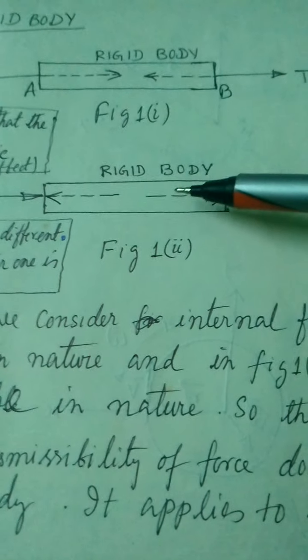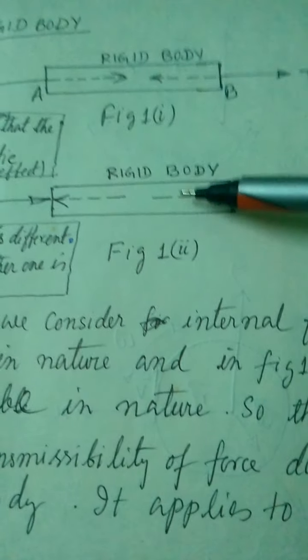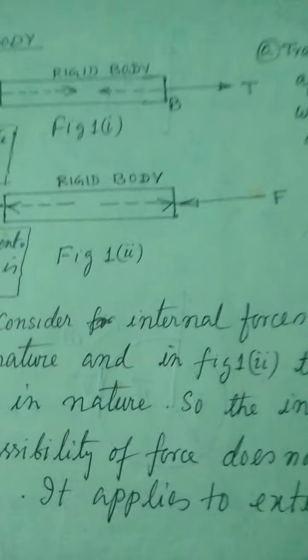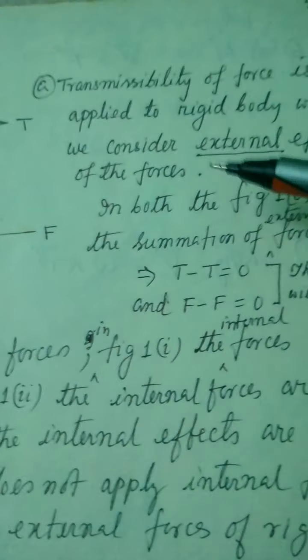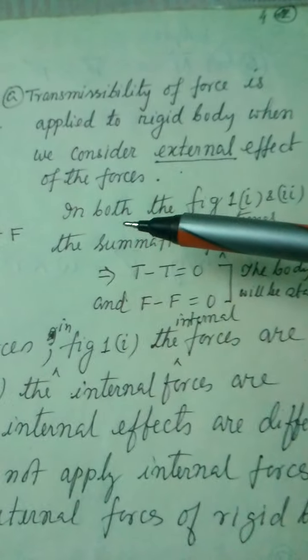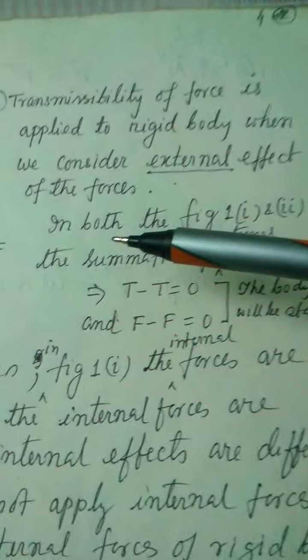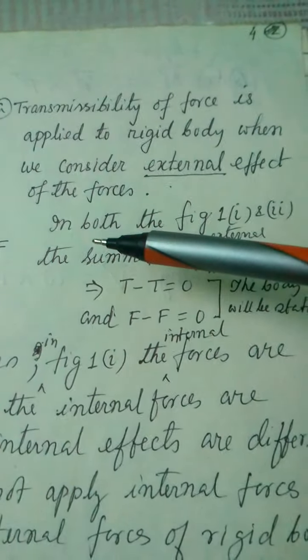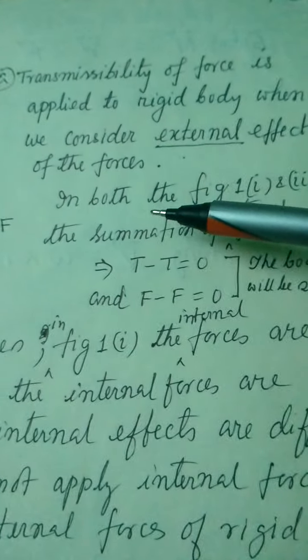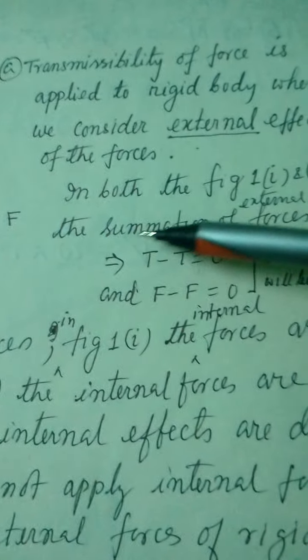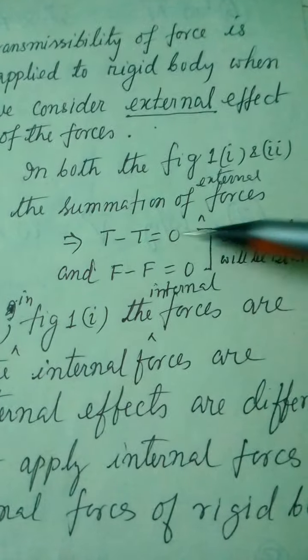Understand? So the internal effect is different. That is what I want to tell you: the transmissibility of force is applied to a rigid body when we consider that the external effect is the same. If you transmit the forces in both figure 1 and figure 2, the summation of external forces is equal to 0.